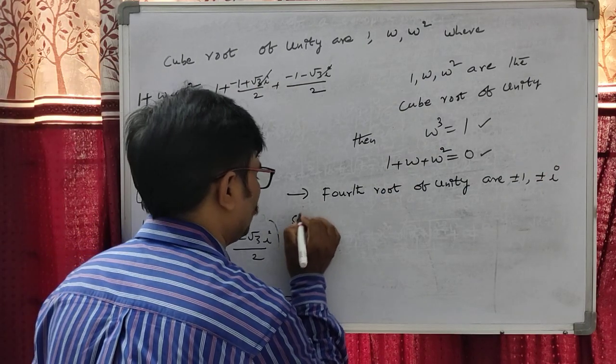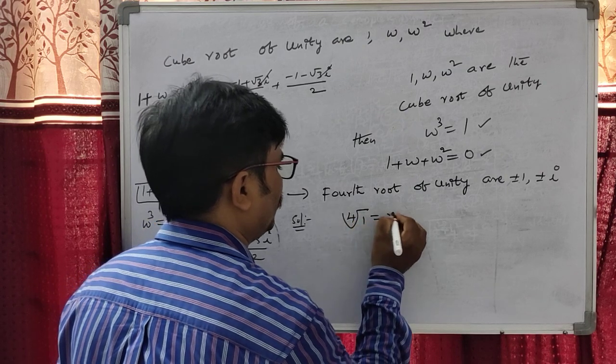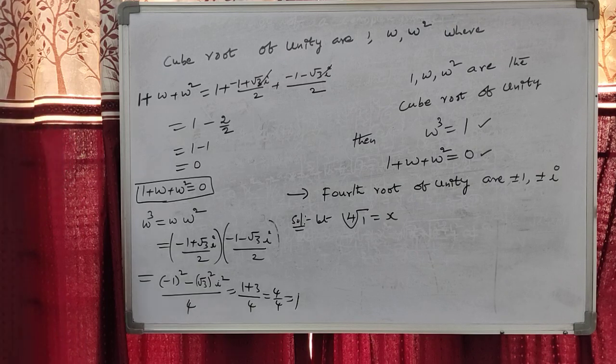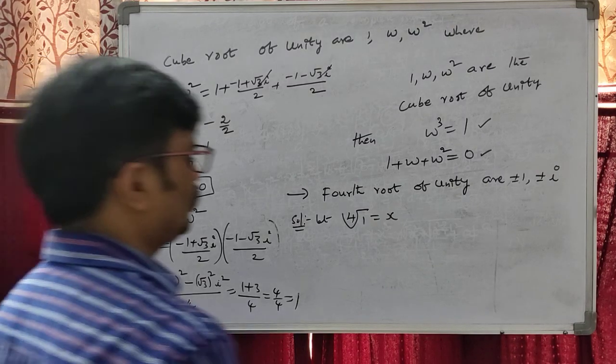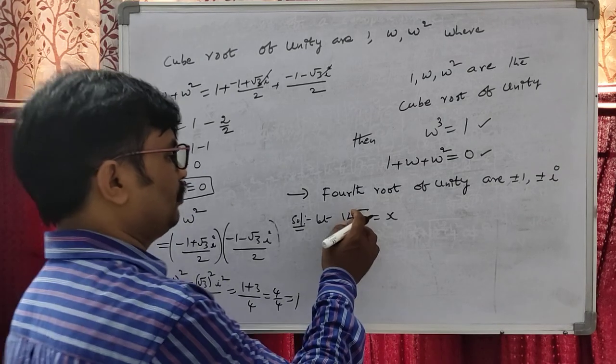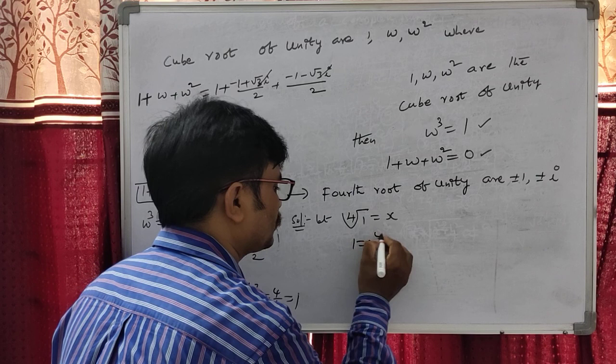We take the fourth root of unity equal to x. Taking the power 4 on both sides, 1 by 4 and 4 cancel, so this is 1 equal to x power 4.